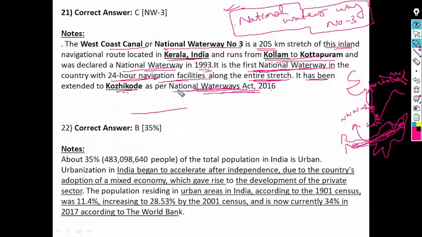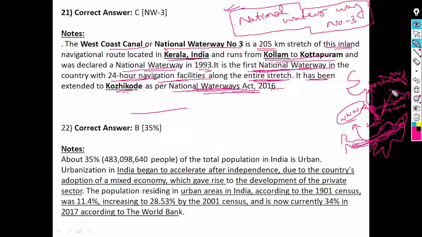This is National Waterway 3, Kozhikode to Kollam, the Champakara and Udyogmandal canals. Kakinada to Puducherry is National Waterway 4.